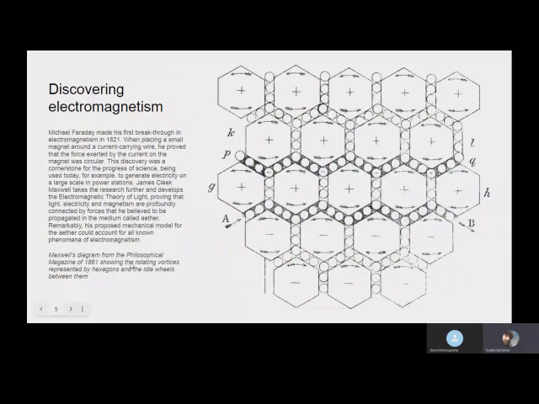So this is Maxwell's diagram from the Philosophical Magazine, 1861, showing the rotating vortices represented by hexagons and the idle wheels between them. Also, another example of charge and charge separation inside of structured water. It does the same similar thing.